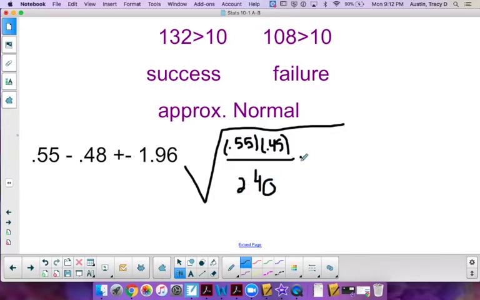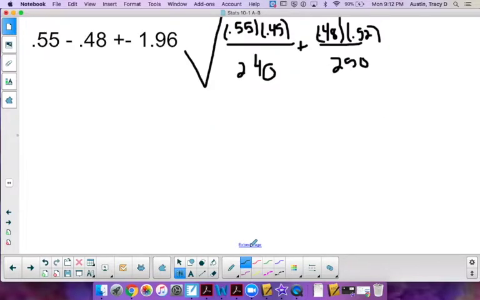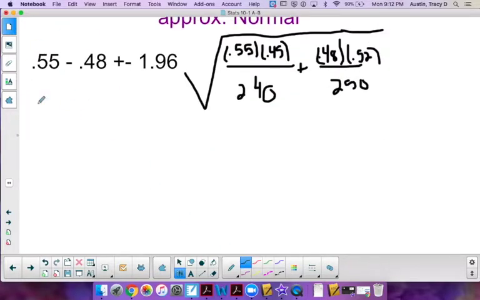And then we're going to add the men's statistics, and that would be 0.48, times 0.52, divided by 250. And we need to figure out whatever that is so that we can actually do our do part. Our statistic is going to simplify down, thank goodness, to a nice small number.